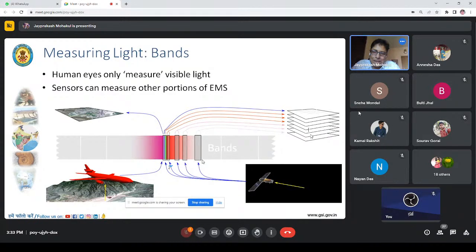Have you opened any of your photographs in some normal photo viewing software, like an image viewer, and have you gone through those things? Yes. Now, can you tell me, any one of you, how a color image is made?